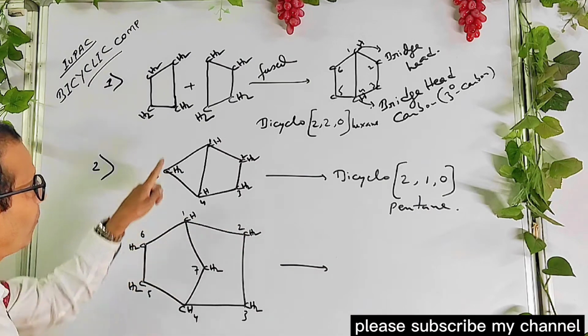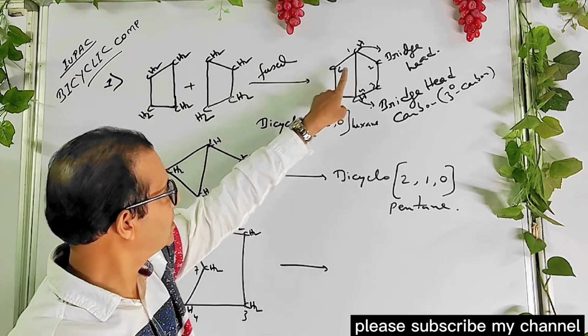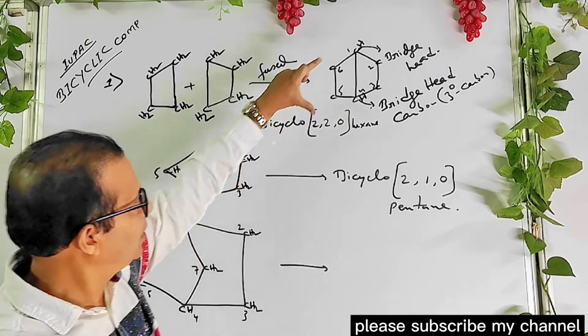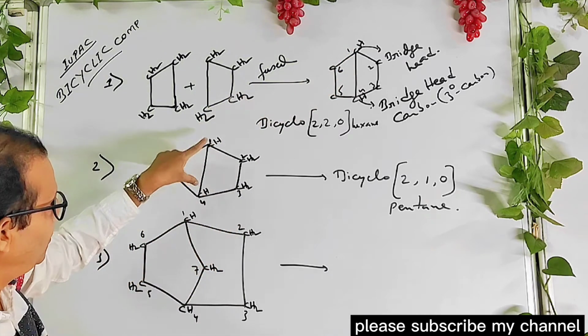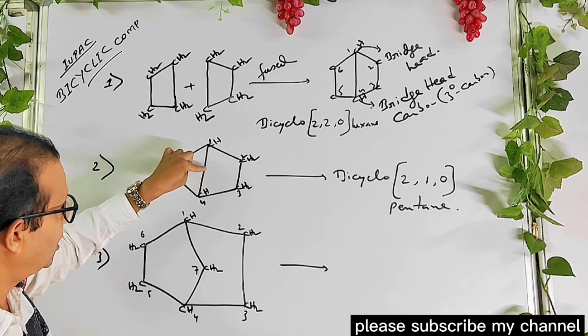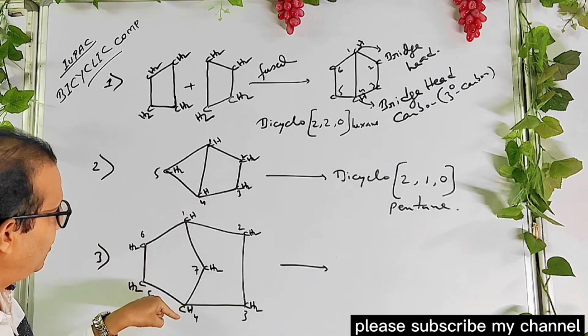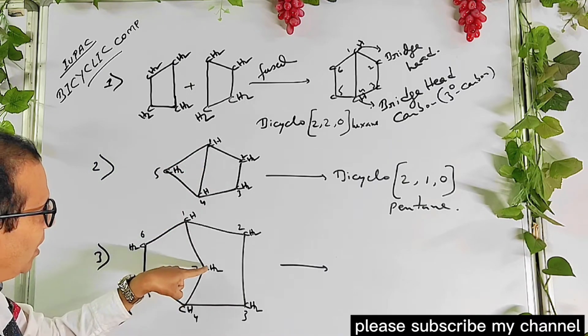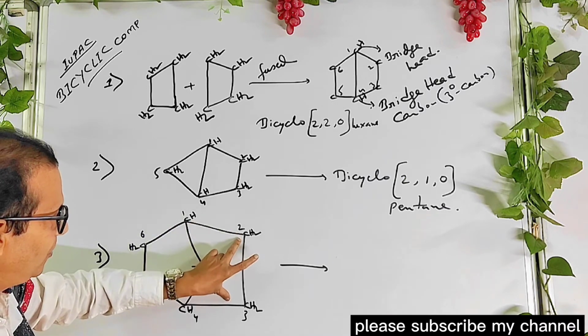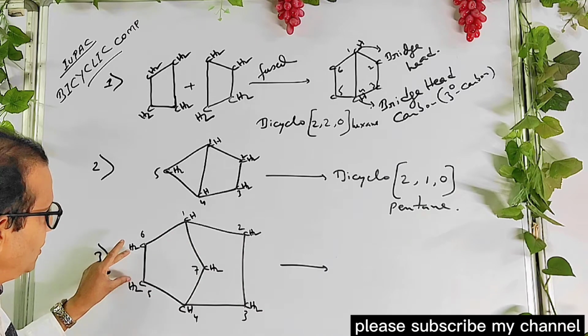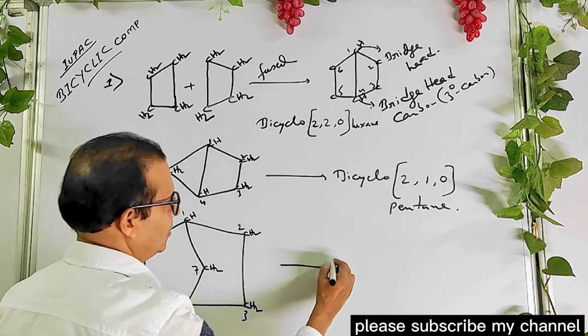Here if you compare these, in between the bridgehead carbons there is no carbon atom, but in this one in between the bridgehead carbons there is one carbon atom. So this is called a carbon bridge. Two carbon bridge, one carbon bridge.